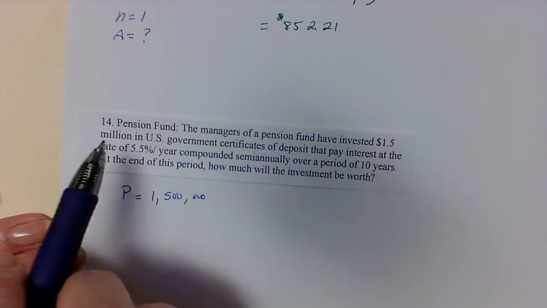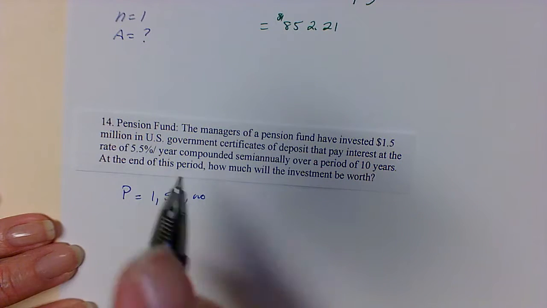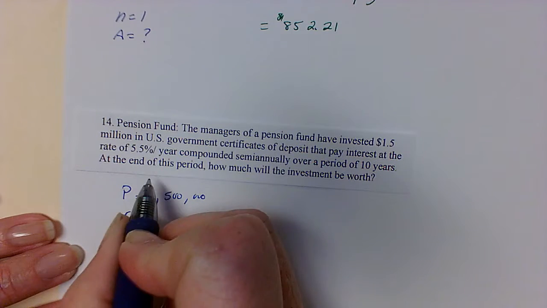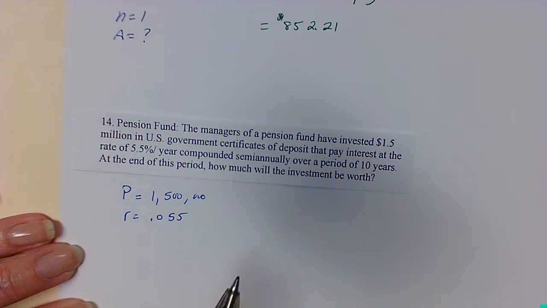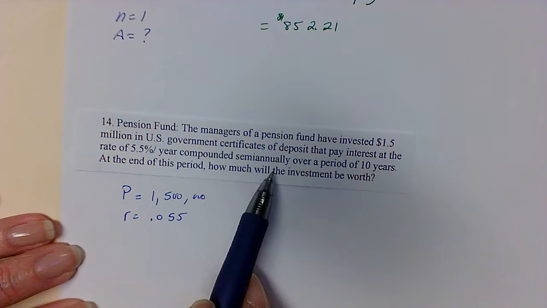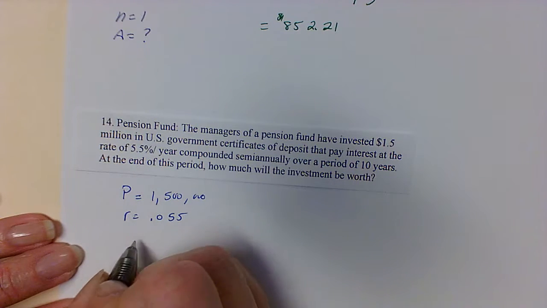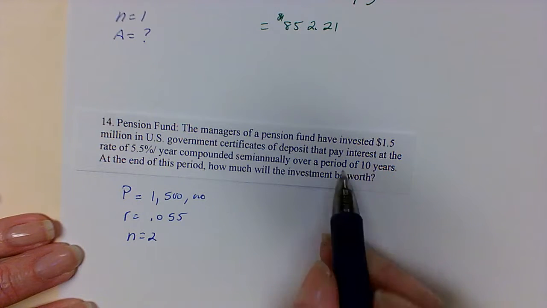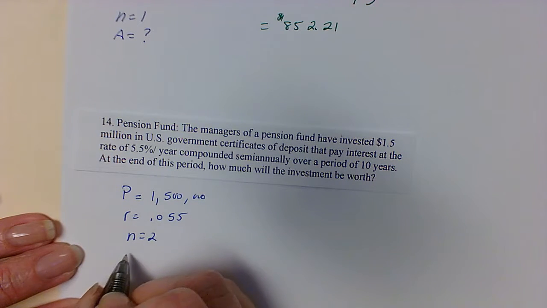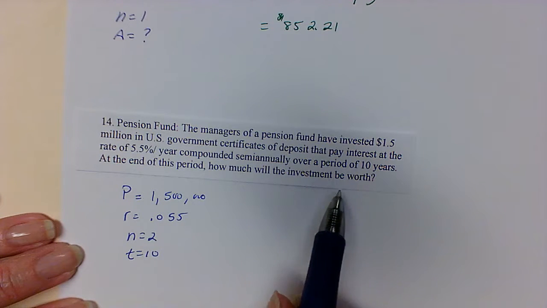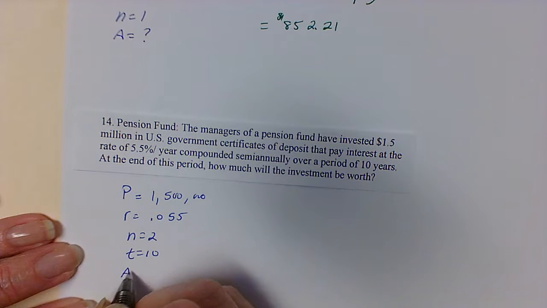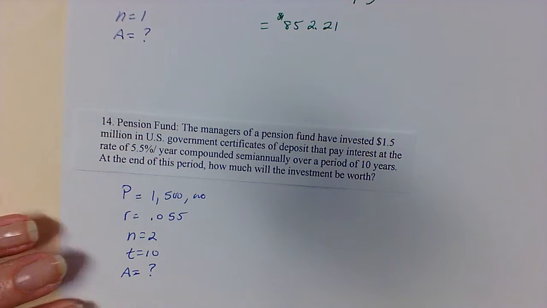Pay interest at the rate of 5.5%, so my interest is going to be 0.055. Compounded semi-annually, so semi-annually tells me n will equal 2. Over a period of 10 years, so that's my T is equal to 10. At the end of the period, how much will it be worth? Well, that's my accumulated value. That's what I'm looking for.